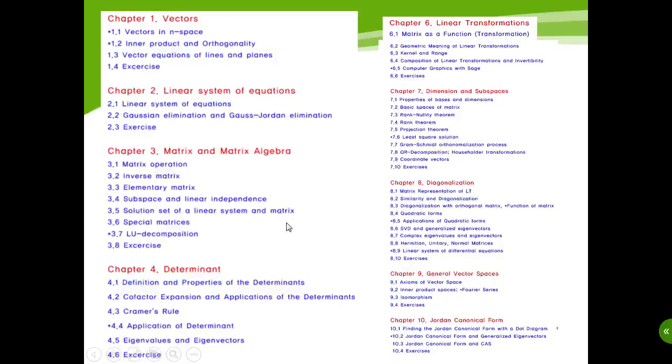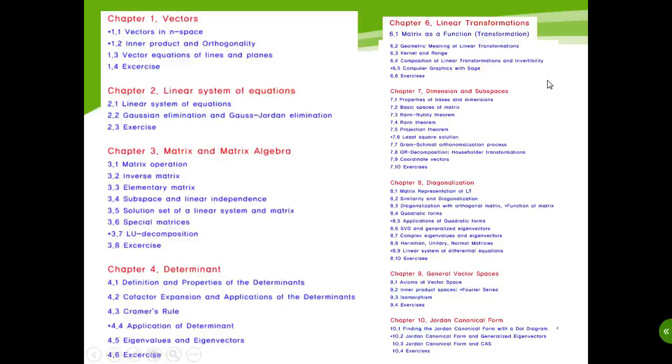And this is the content that will be covered over this semester. We start from the definition of vectors, inner product, and vector equations. Then we'll start solving linear systems of equations, matrix computations, determinants, and linear transformations. Then we will have a midterm examination in the 8th week of the semester.